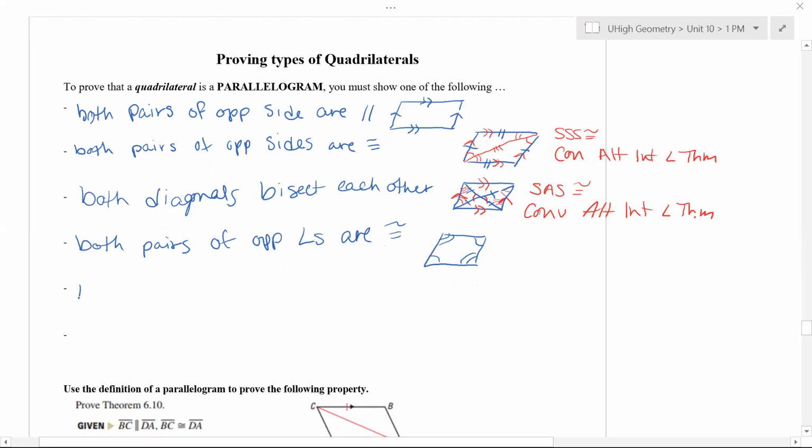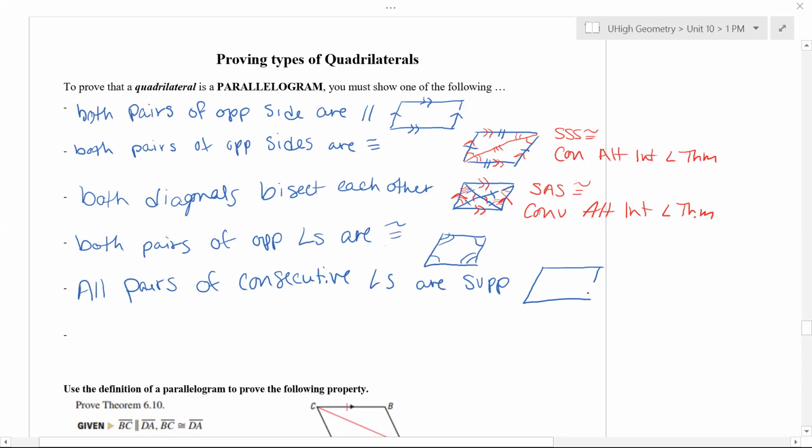The next way is if all pairs of consecutive angles are supplementary. Hopefully this one makes sense as well.